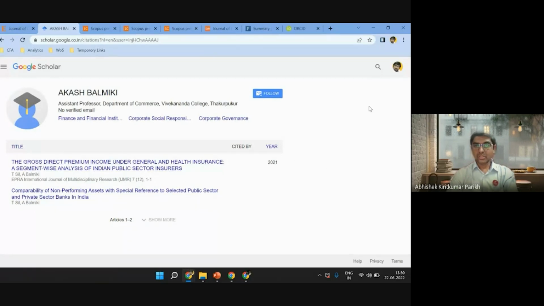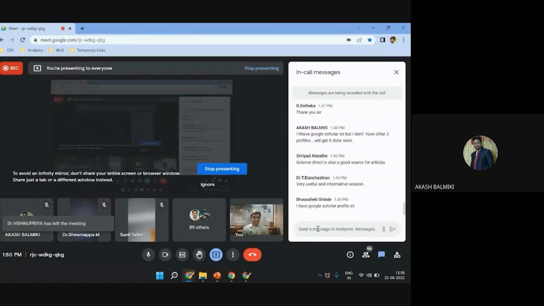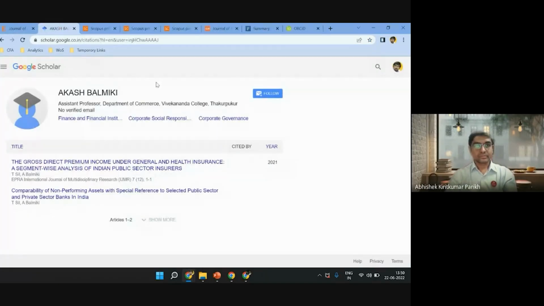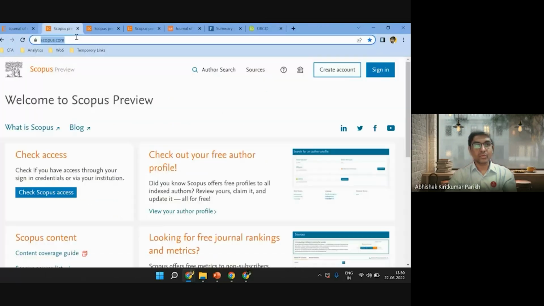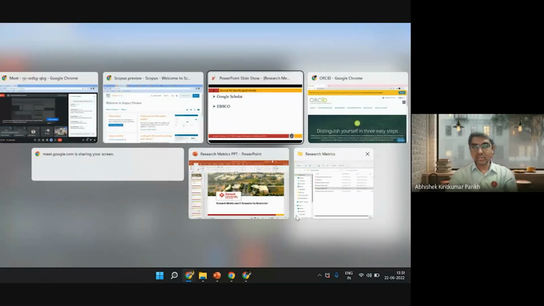Yes. So this is your profile, but you don't have a score because your article is not yet cited. Once it is cited, it will create the profile, right? Sir, the email is also not verified in that Google Scholar account, sir. Yeah, true. You should verify the email also. Then only it will help you. Okay, definitely, sir.